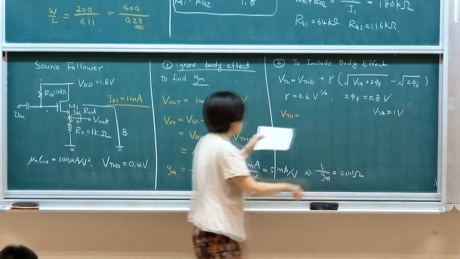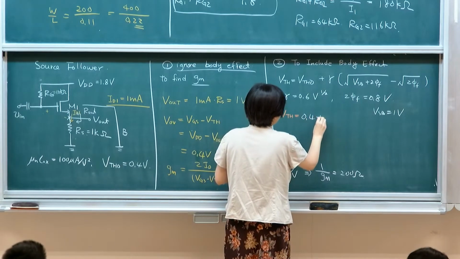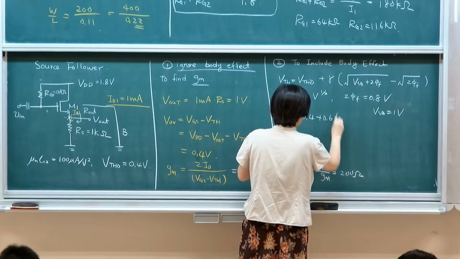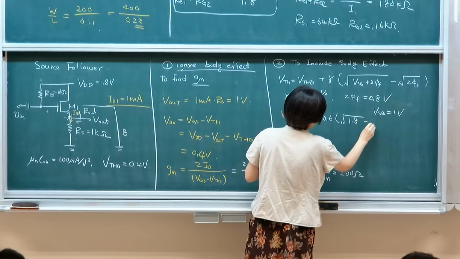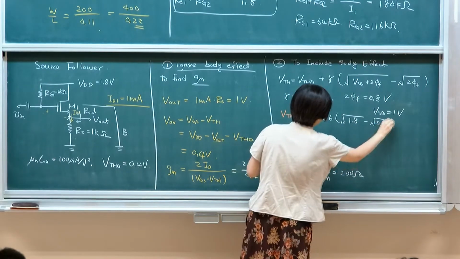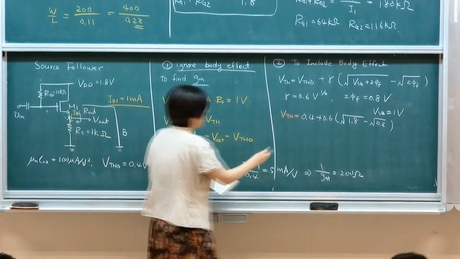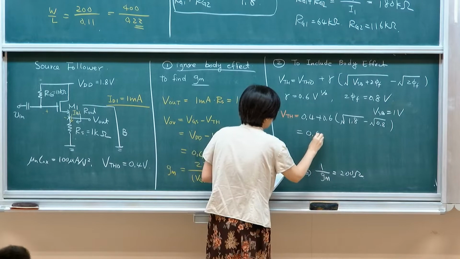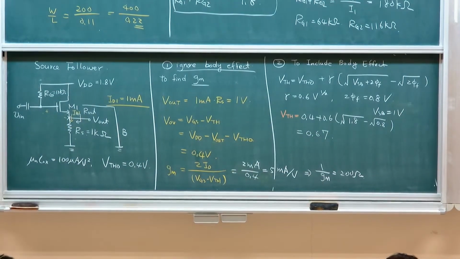So you simply insert that in. This will be 0.4 plus 0.6 square root 1.8 minus 0.8. And then we get the threshold slightly higher. Okay?